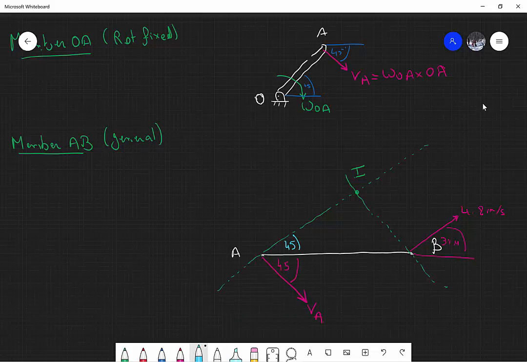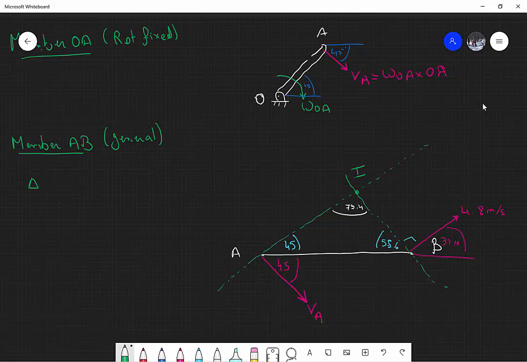Since this angle was 34.4 and this is 90, this angle will be 55.6. Now we can get the third angle. It's going to be 180 minus 55.6 minus 45, so it's going to be 79.4. Now we know the three angles and we know the length of the AB, so we can get the IA and the IB using the sine rule.